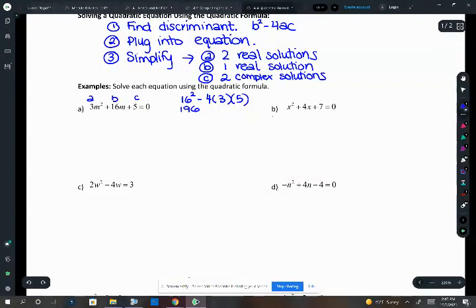And we're going to plug everything in now. So we've got m, because that's my variable, is equal to negative b, or the opposite of b, so negative 16, plus or minus root 196, all over 2 times our a value.